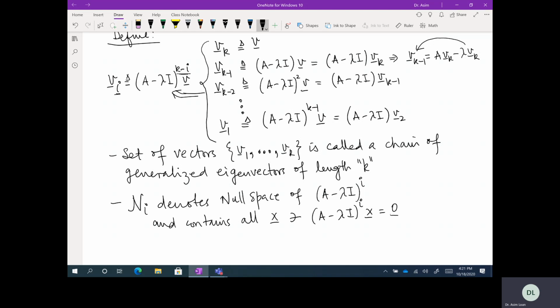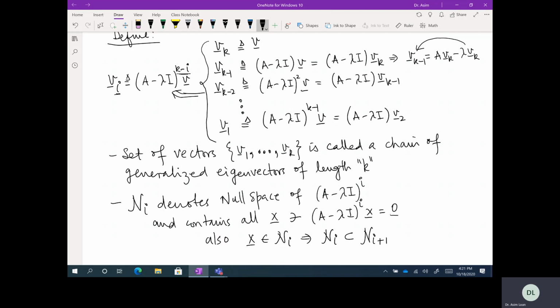So if x belongs to the null space of A minus lambda I, this implies the null space of A minus lambda I raised to the power i is a subset of the null space of A minus lambda I raised to the power i plus 1.